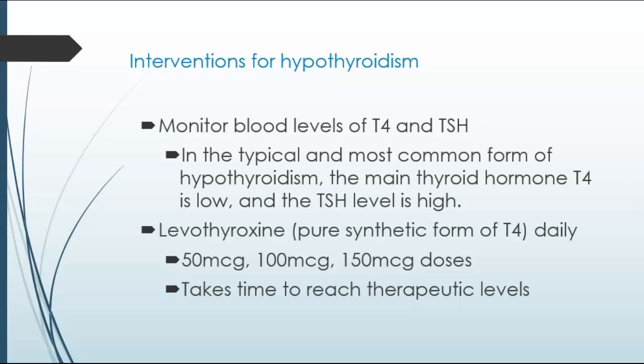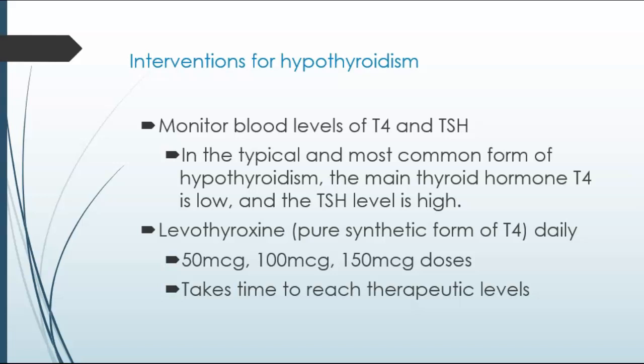It is a synthetic form of the T4, and so it comes in various doses. There's just a few doses listed here. It goes as low as, I think, even 12.5 and 25. I know I've seen it 88, 112 micrograms, a whole combination.